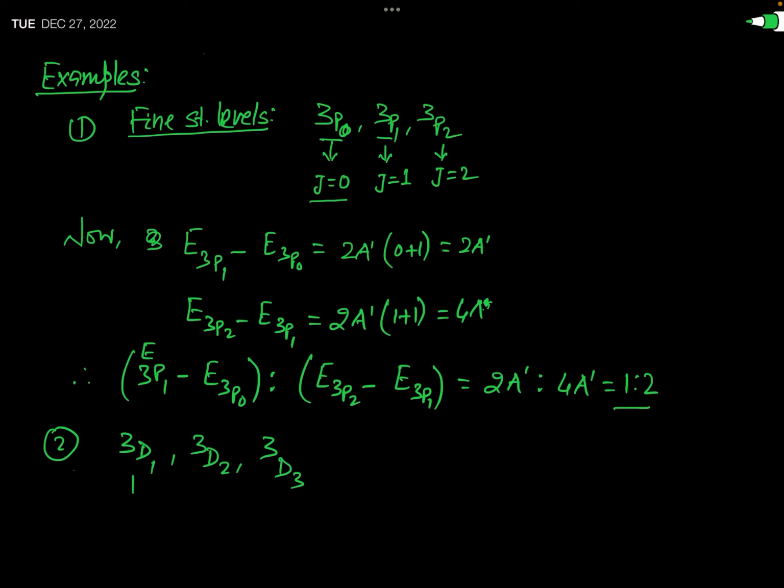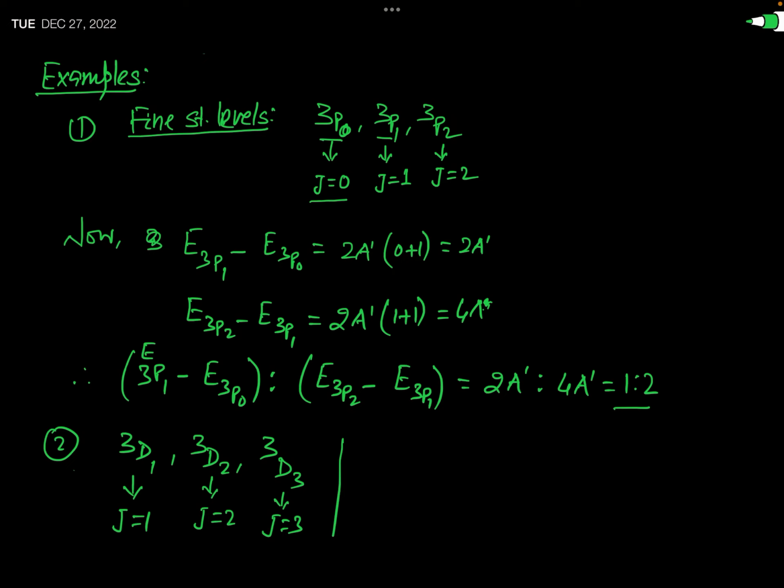For this level, j is equal to 1, actually this subscript represents the value of j. And for this, j is equal to 2. And for this, j is equal to 3.